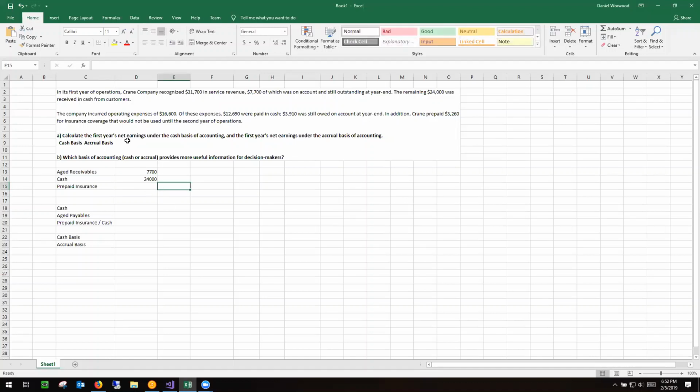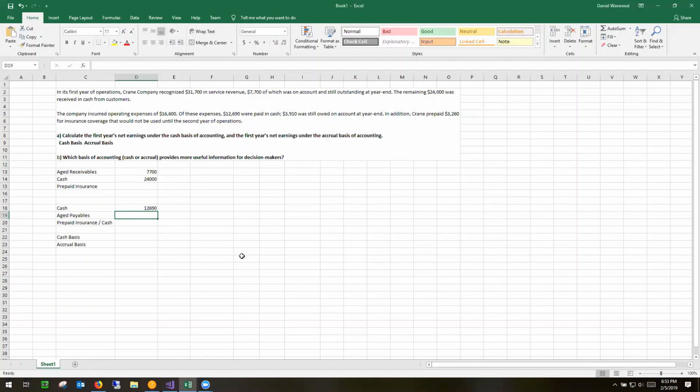Then the next line, if we take a look, the expenses that they incurred ran a total of $16,600. They broke it out into what they had already paid and what was still owed. So the amount that they had already paid was this $12,690, which they paid in cash, but they still owe $3,910 of the $16,600.